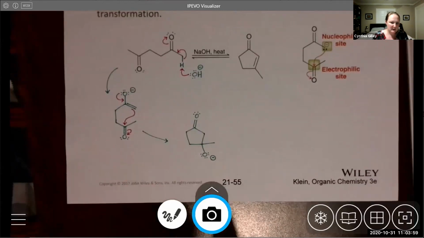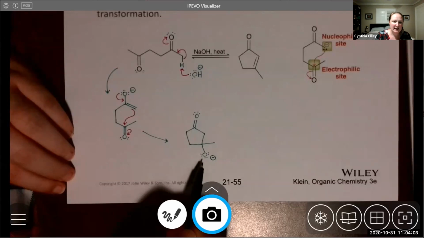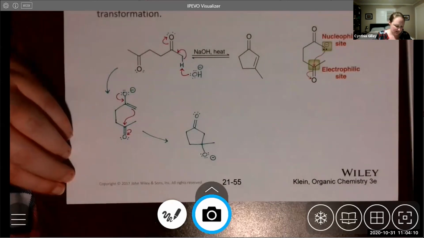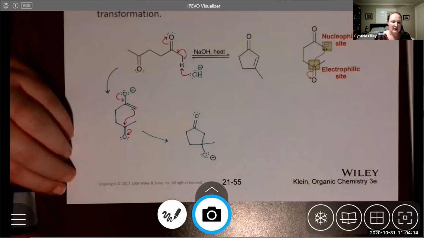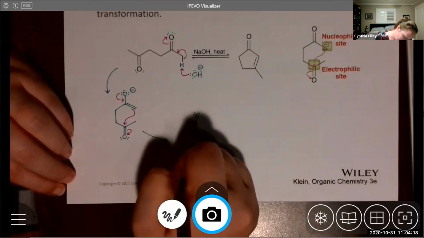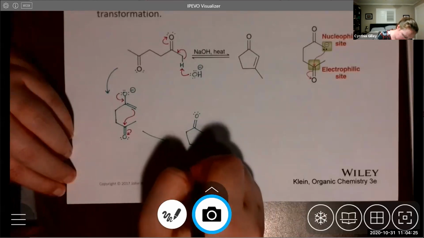At this point, we need to protonate this to get the aldol addition product, and then we'll take that aldol addition product and react it further to get the aldol condensation product. The best acid in solution when we're using base is water. So I'm going to go ahead and draw in a water molecule nearby so that I can pick up a proton from water.